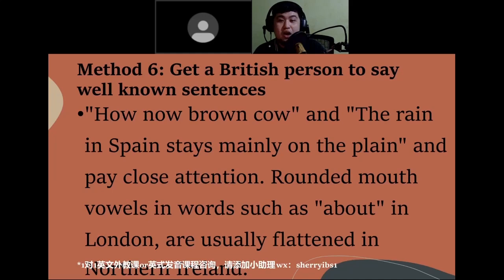So again, how now, brown cow, and the rain in Spain stays mainly on the plain. Okay, that's how they pronounce it in English, you know, the Queen's British English.